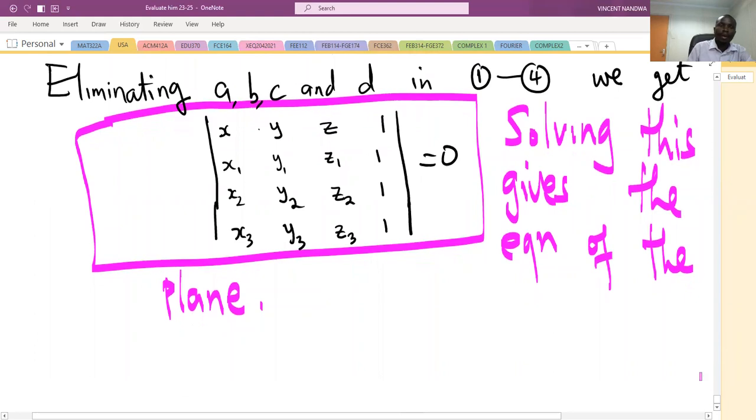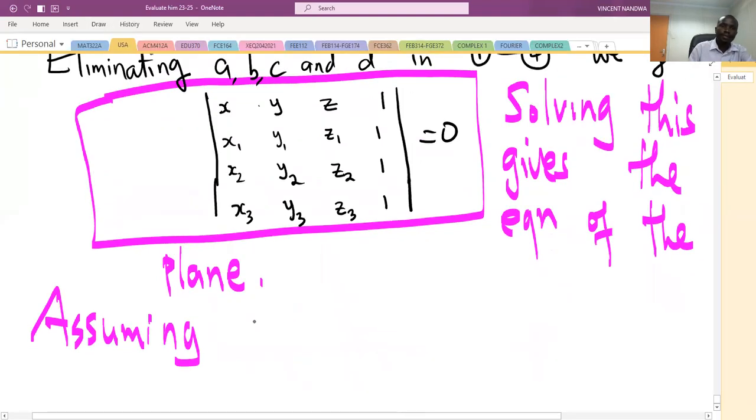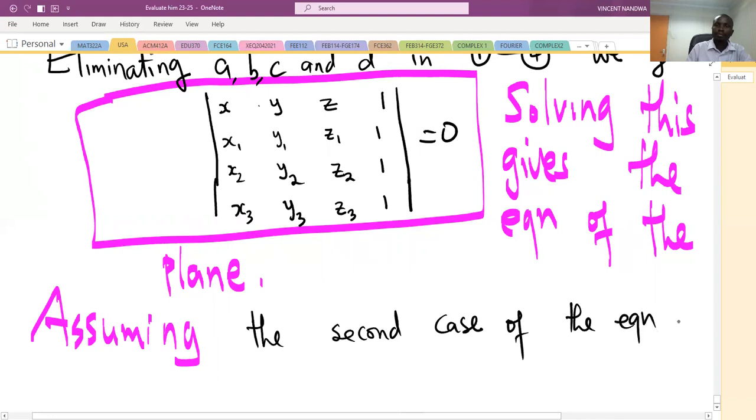And then the second case, using the second form of the equation of a plane.